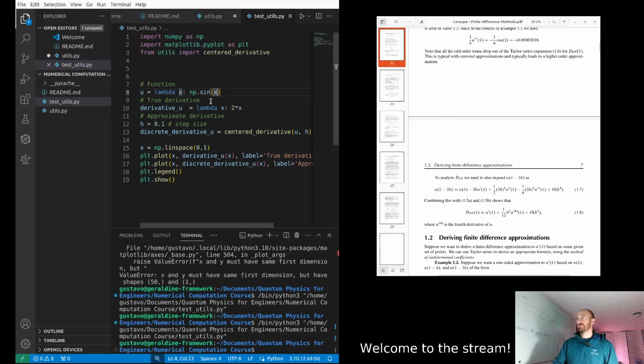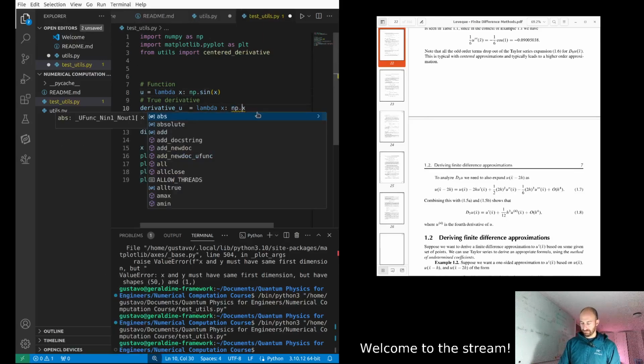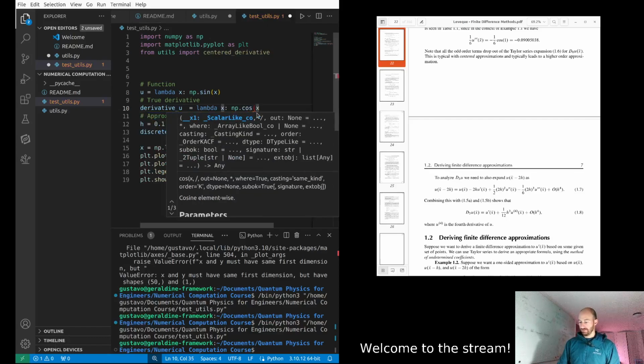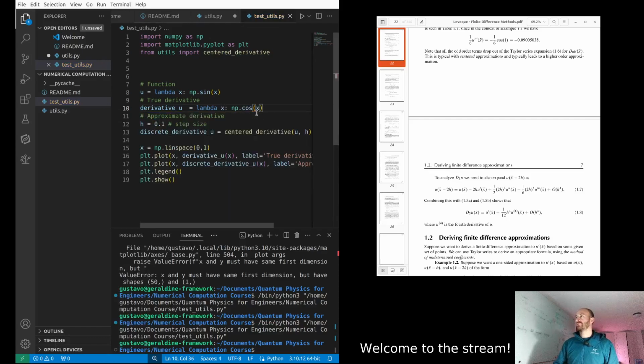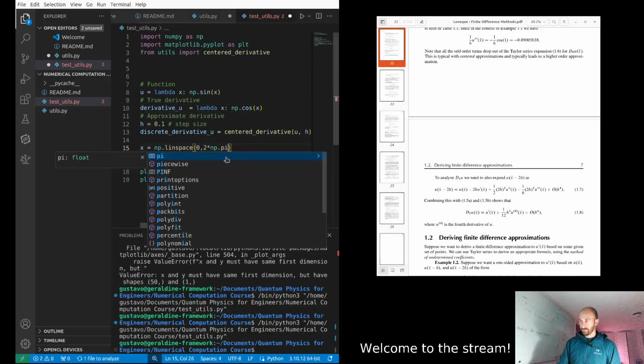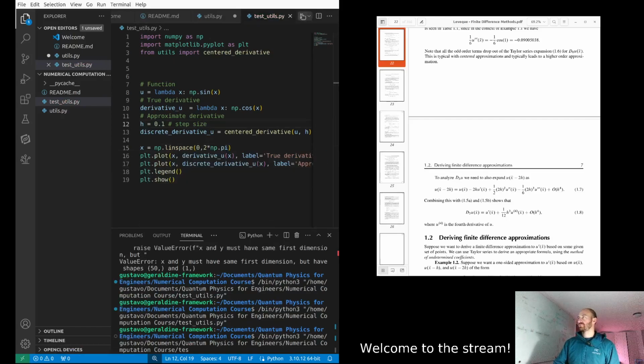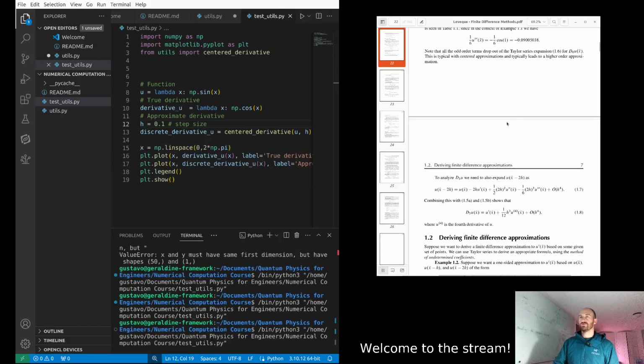The derivative of sine we know is cosine. Okay, that's the real derivative. And now we're going to choose a better linspace, so maybe from 0 to 2 pi. Yeah, that's better. And now we can run it. So we can see a full swing. Perfect.